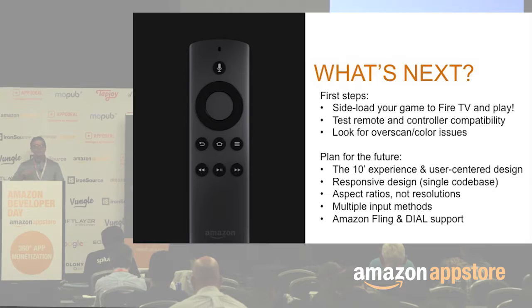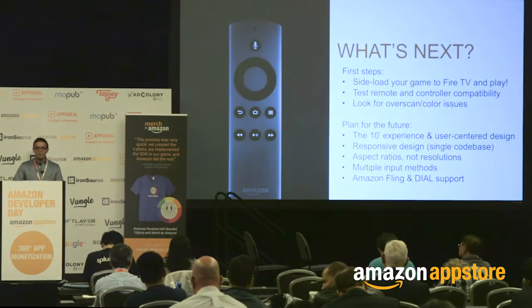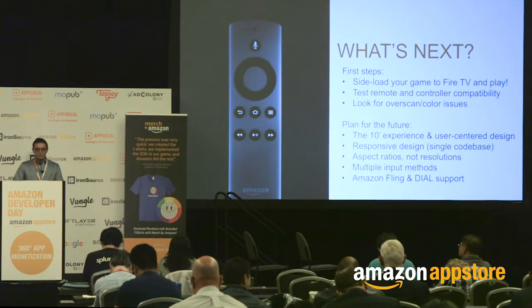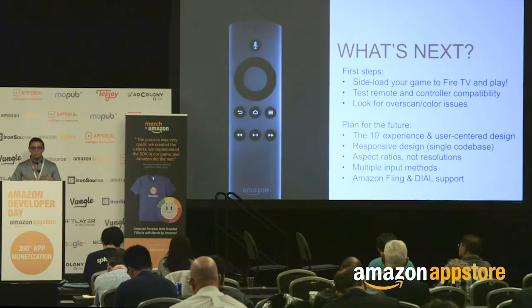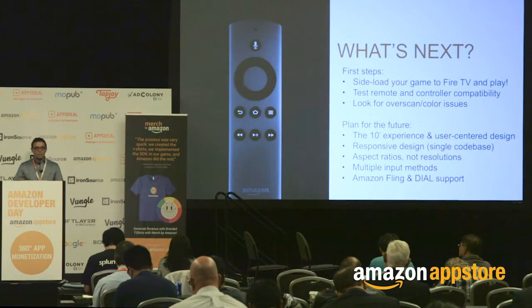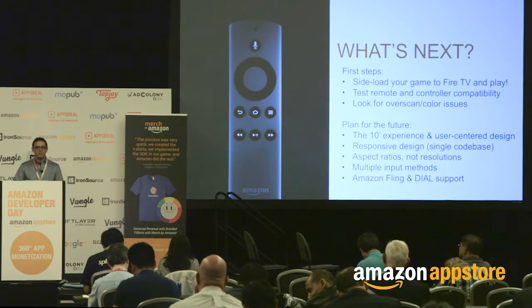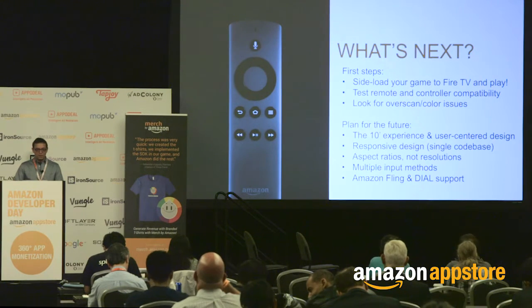But then planning for the future, just keep that 10-foot experience in mind when you're designing your app or game. Think about responsive design so that you can reduce the actual amount of work you have to do. You can release from a single code base. And also think about aspect ratios instead of resolutions. That way you won't be overwhelmed by the number of different resolutions you might have to support.